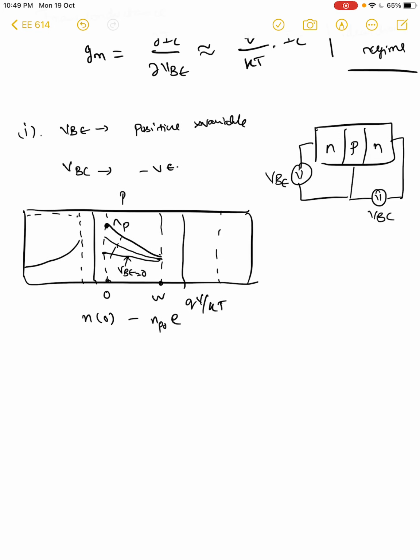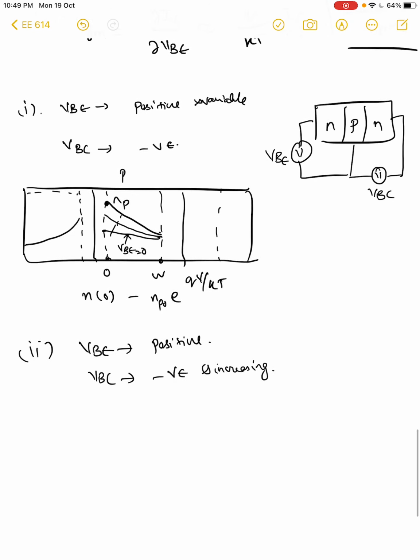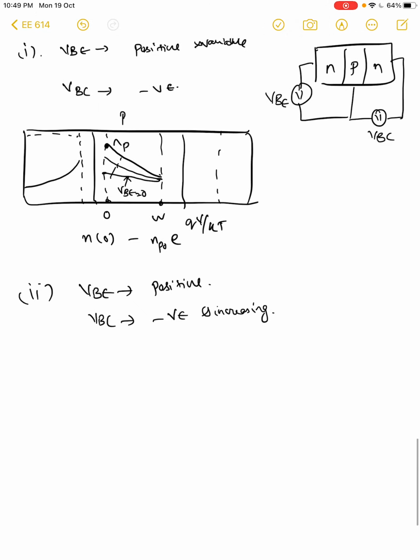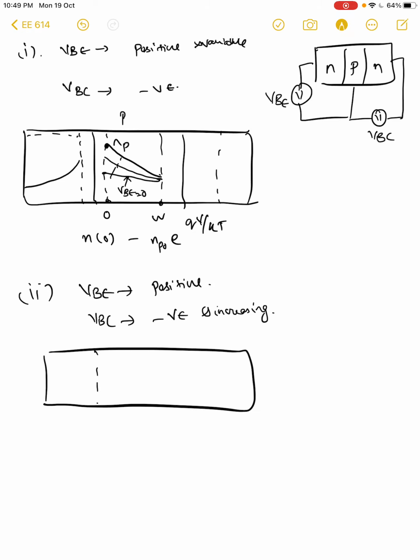Now let's look at the second case, when VBE is positive again and VBC is negative and increasing. What happens in this case if I start increasing VBC? We will get the same thing on the base emitter side, so I'm not going to redraw it.